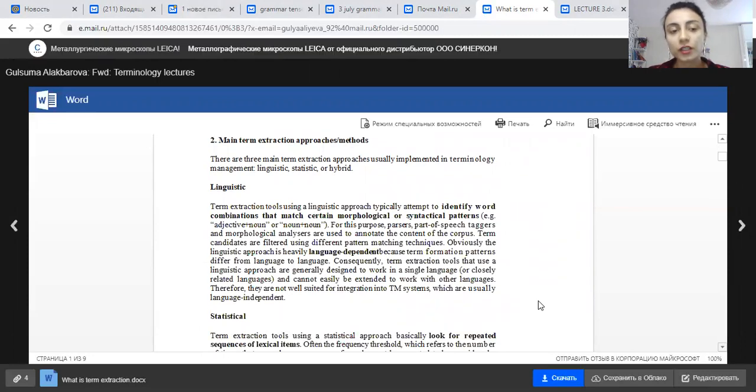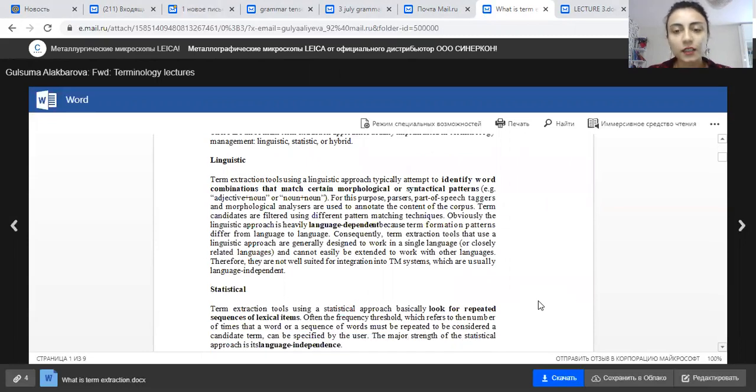The first approach, and mostly the way of defining that the word is a real term, is the linguistic approach. What does it mean, linguistic? You pay attention that your word can be identified by its usage, by linguistic importance.